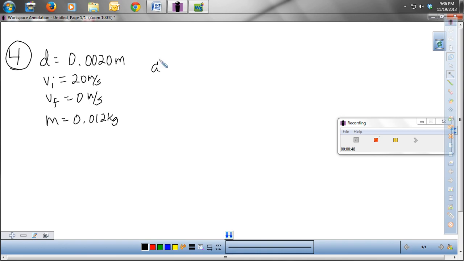So I solved for the acceleration by saying that acceleration is equal to Vf squared minus Vi squared over 2d, but I think I could have also said that delta KE, the change in kinetic energy, is equal to the work done.